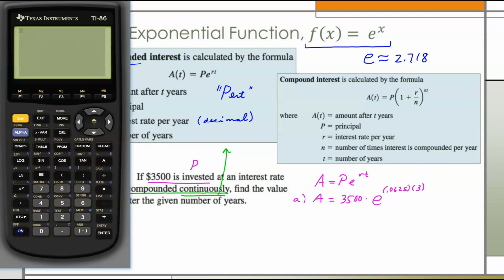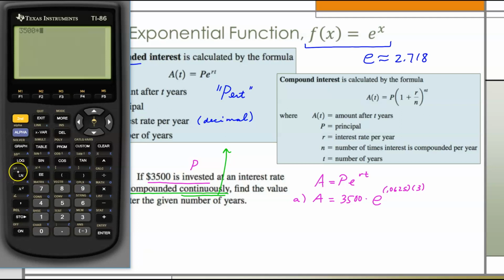Okay, so let's get that put into our calculator. 3,500 was our initial investment. We're going to multiply that by E. Now, if you look right here, that's about the 5th row down on your calculator. Right above ln, you should see e to the x.